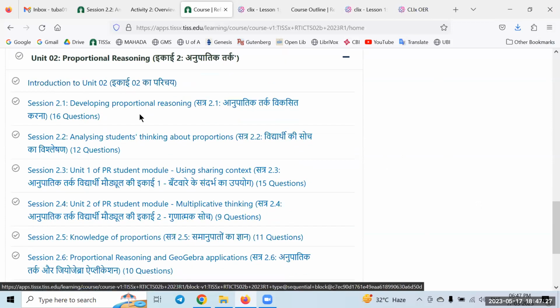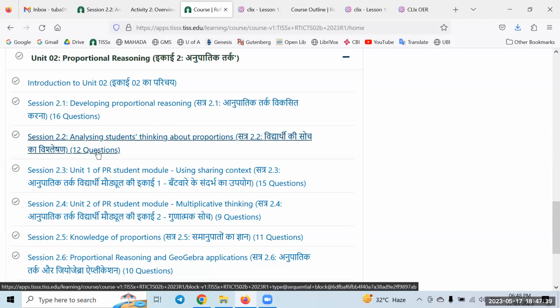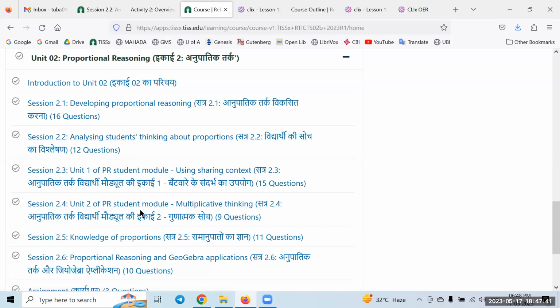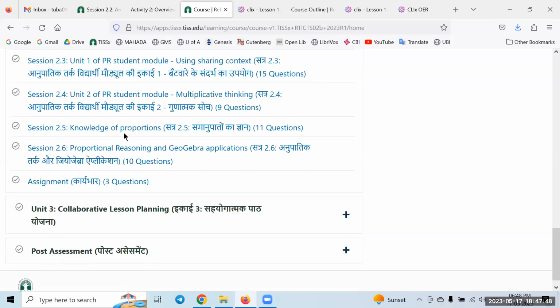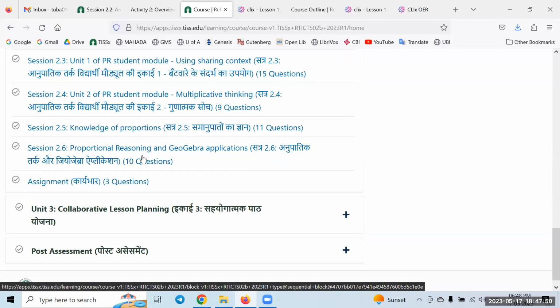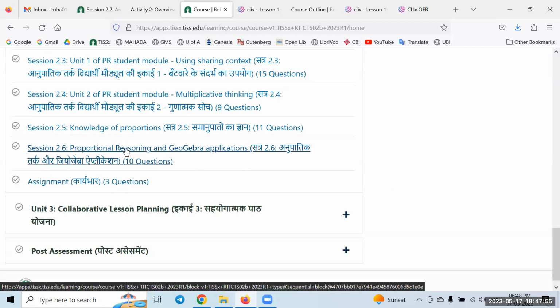There is an introduction, how one can develop proportional thinking, how to analyze the students' thinking about proportions, then Unit 1 and Unit 2 about the student module that we just saw, what kind of knowledge of proportion is required, and some GeoGebra applications. You have to see all these things in a step-by-step manner.